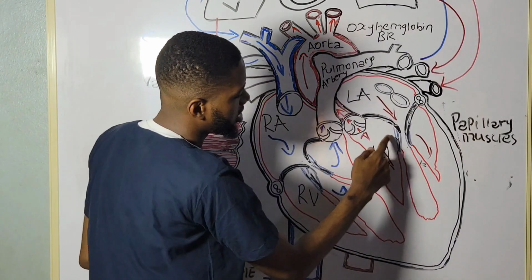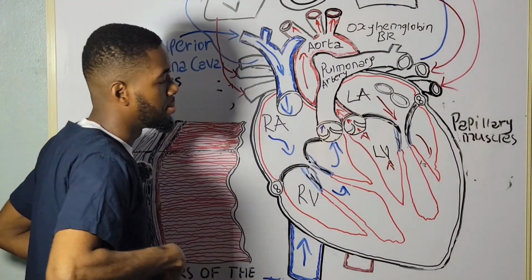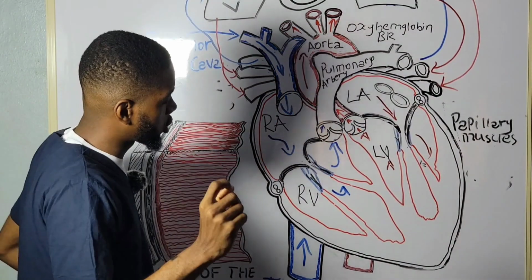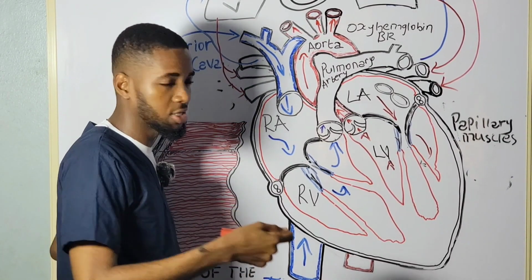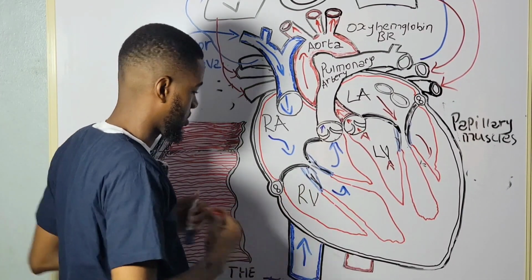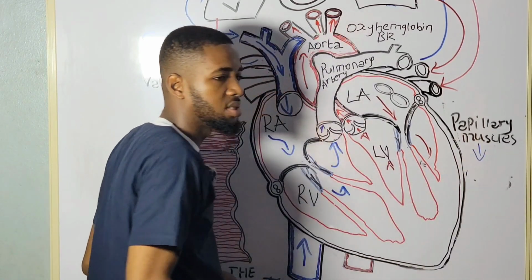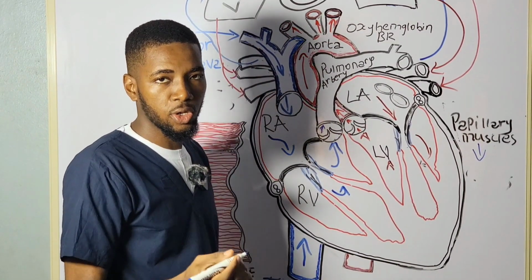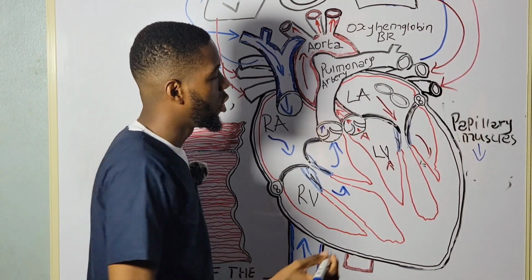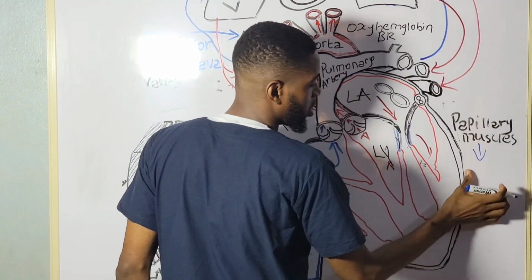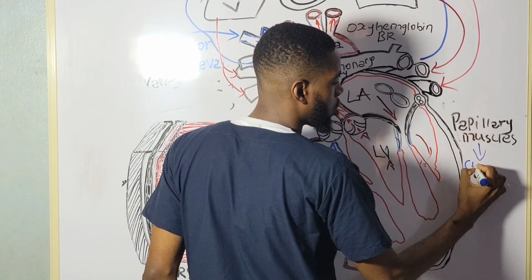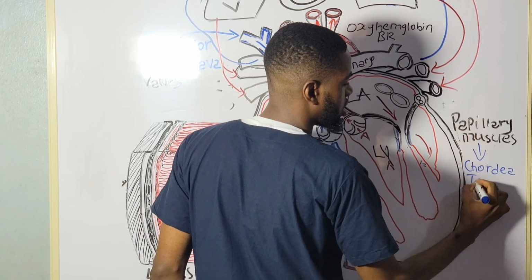The tendons, as we indicate here in blue and black, are structures that are directly attached to your valves. So the name of this tendon is tendinous cord. We call it tendinous cord, or what you will see usually, maybe when you want to write your exam or in most textbooks, what they call chordae tendineae.